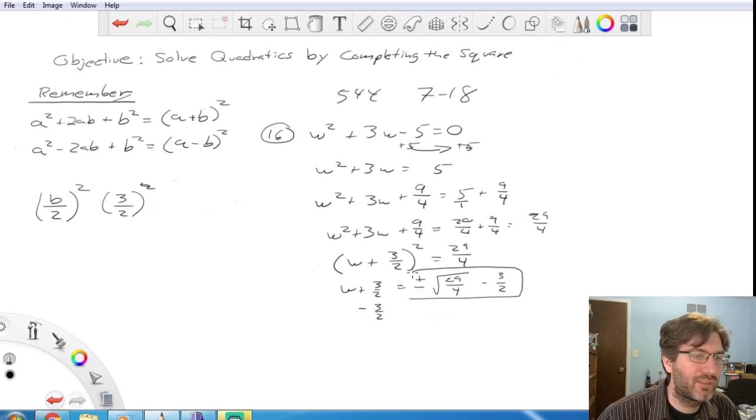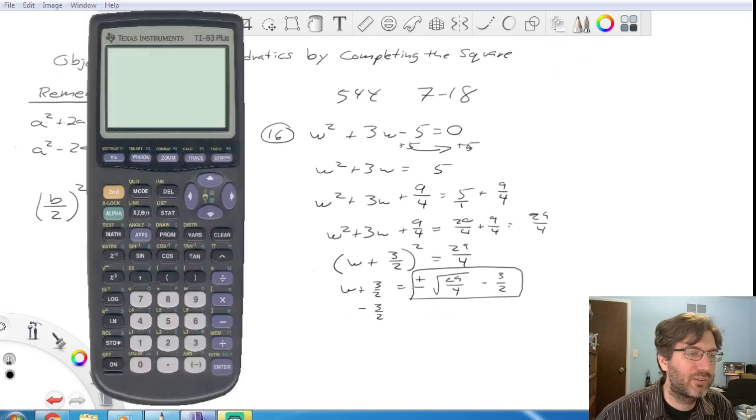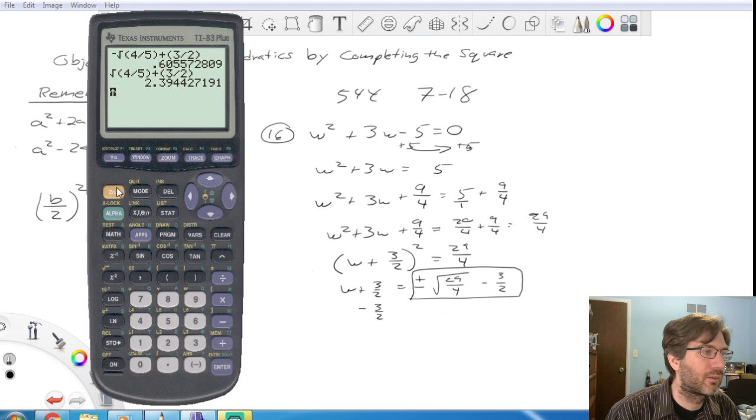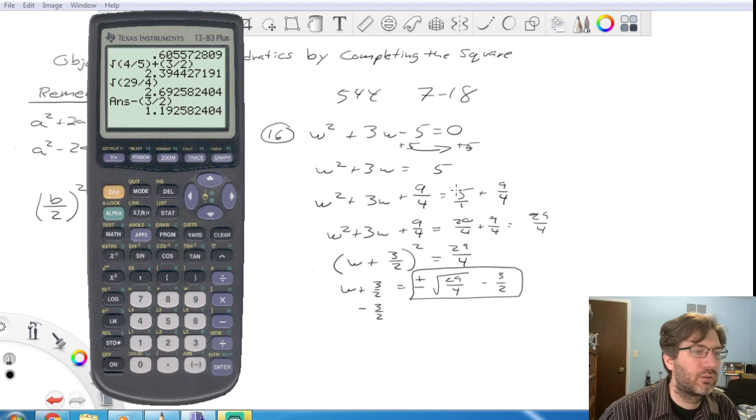I just solve it out. And again, you probably want to use the calculator for it. So you get the square root of 29 by 4, minus 3 divided by 2, gives you 1.19.